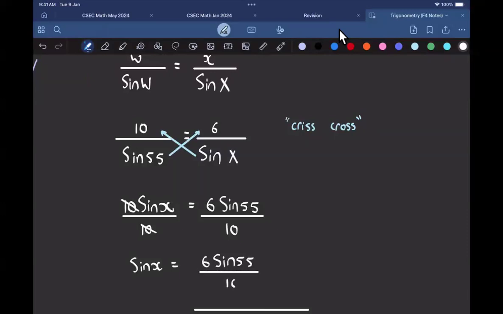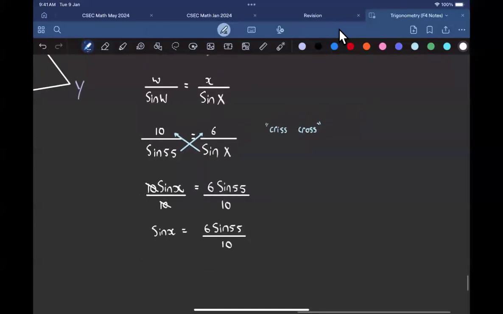What do you propose I do next? Anybody? I have to find x. You have to get rid of the sine. I have sine x, I want to find x. Amy, I feel like you know the answer.